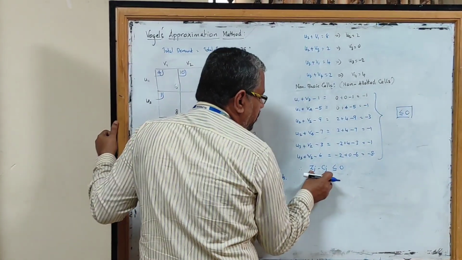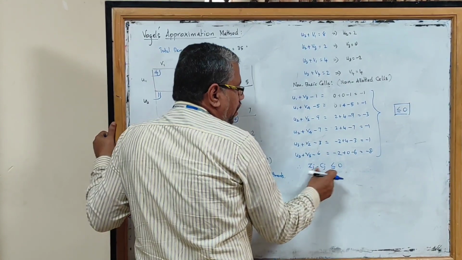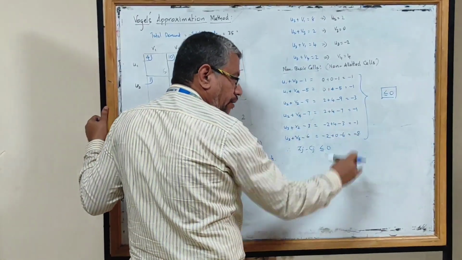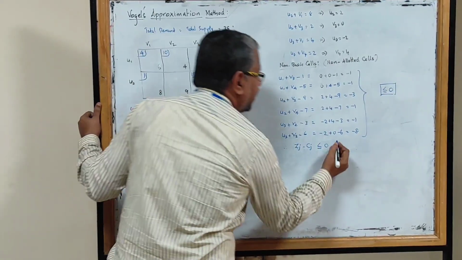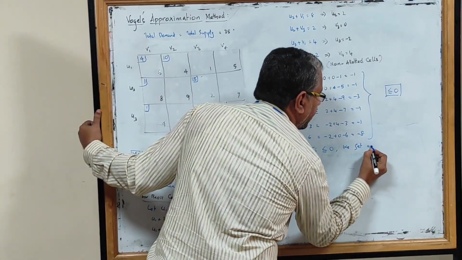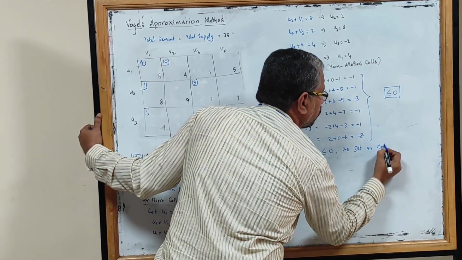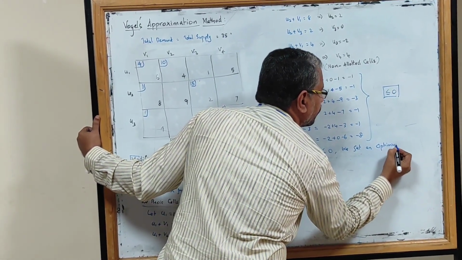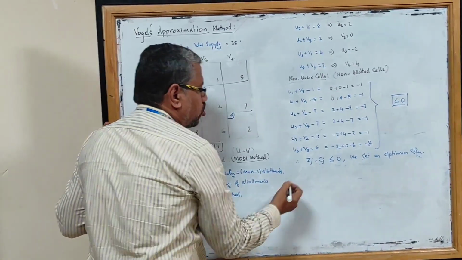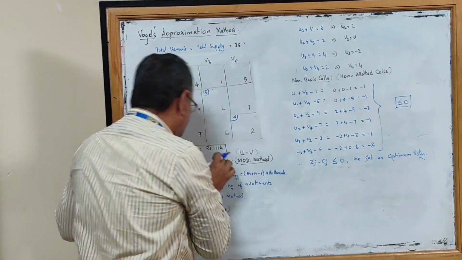So Zj minus Cj is less than or equal to 0. You can get 0 or negative value. Then we get an optimum solution. So we can stop. The final answer.